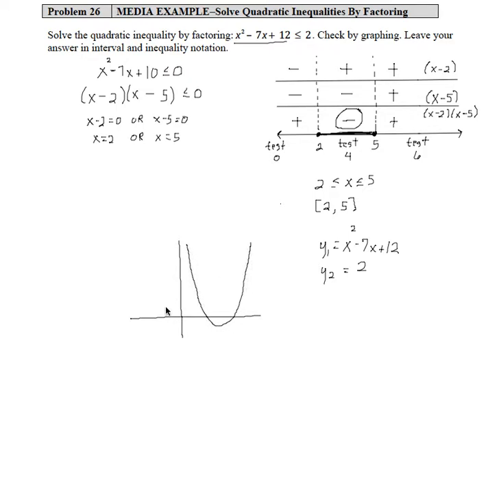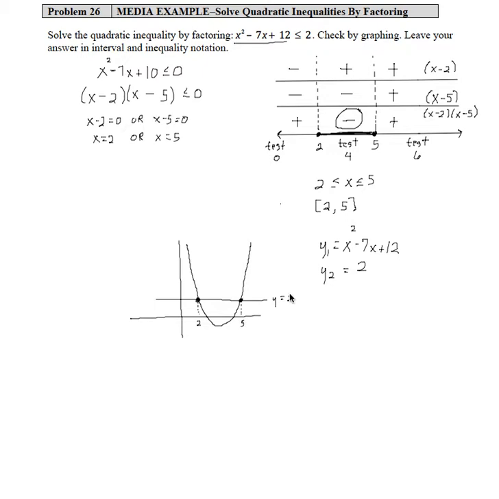If I graph that on the standard window, I'm going to get a graph that looks something like this. There's a quadratic. Here's y equals 2. And if I identify my intersections here, like we've done many, many times, the x value is 2. Here, the x value is 5.